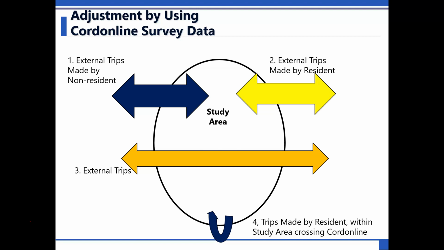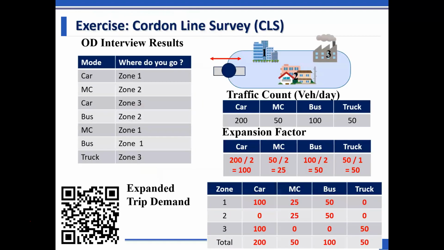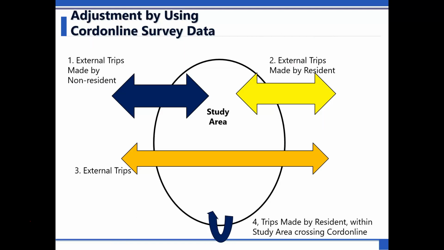And more complicated issues: the trips actually cross the cordon line at minimum 2 times. If such kind of traffic is expected, the expansion factors such as I explained today must be modified.